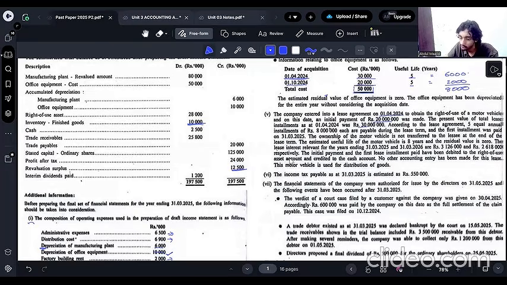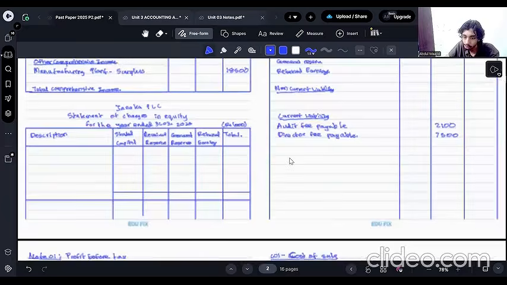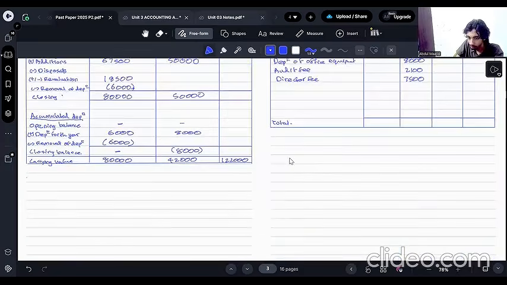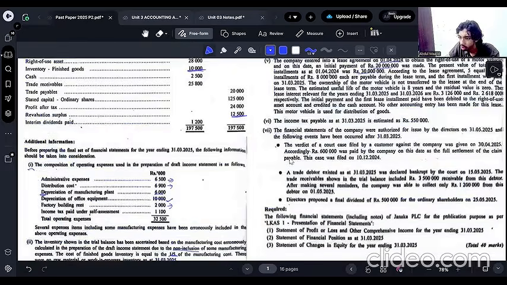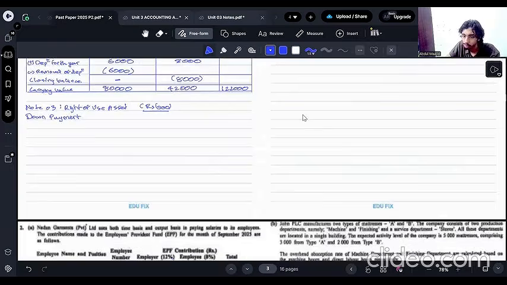Okay, first of all, down payment, we'll add it under note number 3. Note number 3, right of use asset, we'll write in rupees 1000. First of all, the down payment is given. Down payment was 20 million.